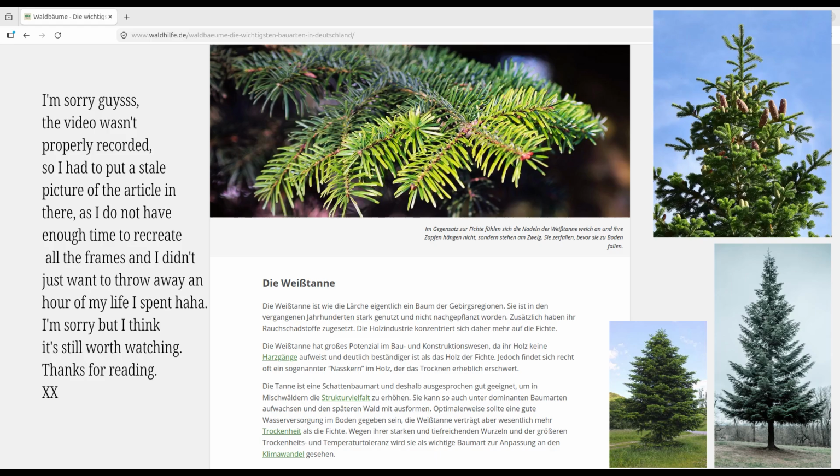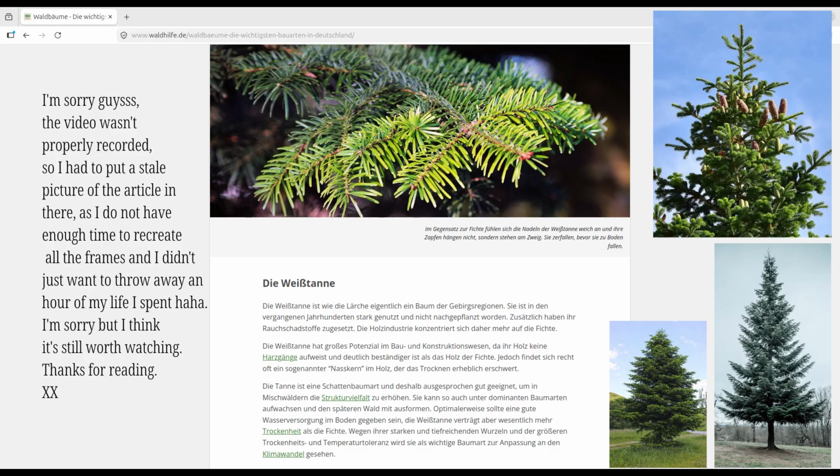So it can also, this way, among dominant tree species grow up, and the later forest with, you could say, create, to form, ausformen maybe, I'm just going to say that. To shape the later forest. So it can also grow among dominant tree species and form or shape the later forest. Or take part in the shaping of the later forest.